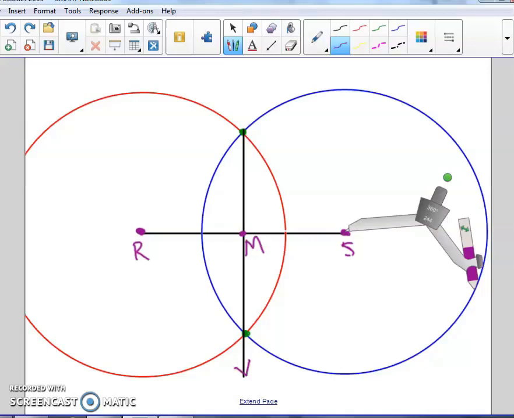So that definition of a perpendicular bisector tells us that line segment RM will be congruent to line segment SM by definition of a perpendicular bisector. And by definition of perpendicular, we do know that these will be right angles.